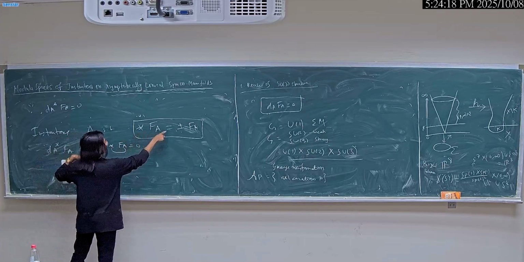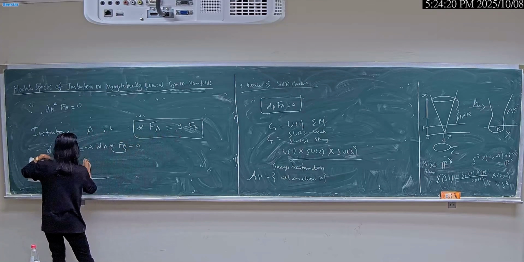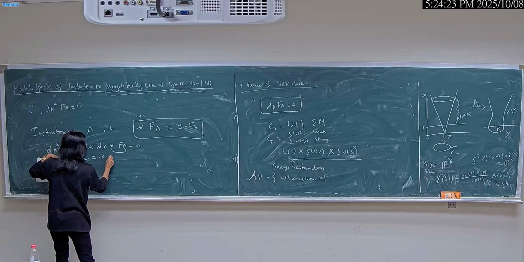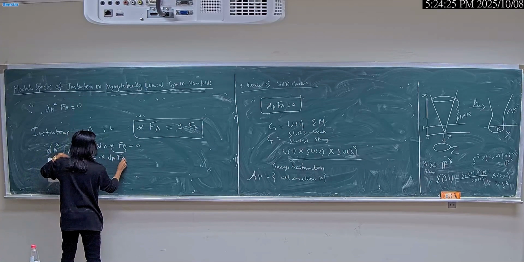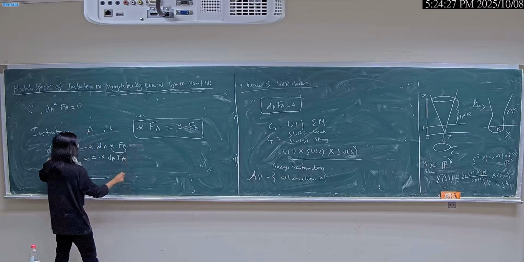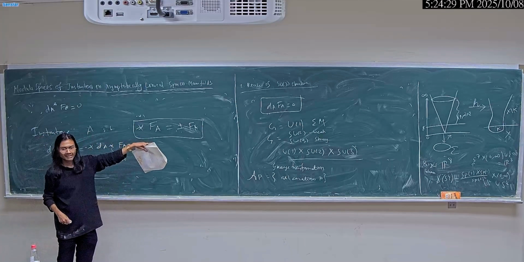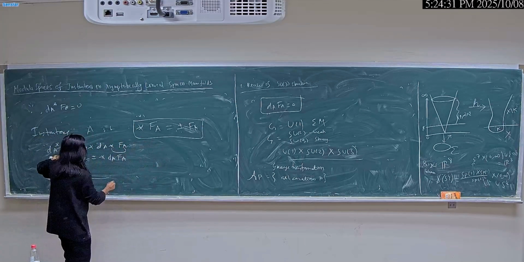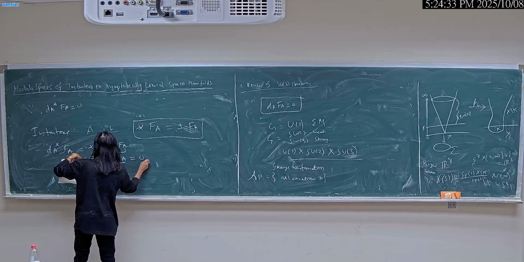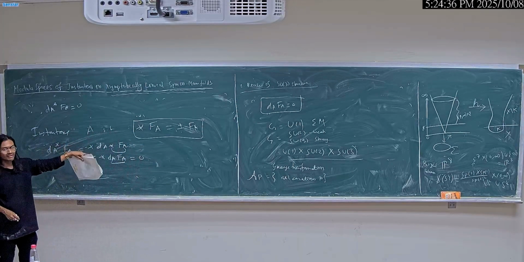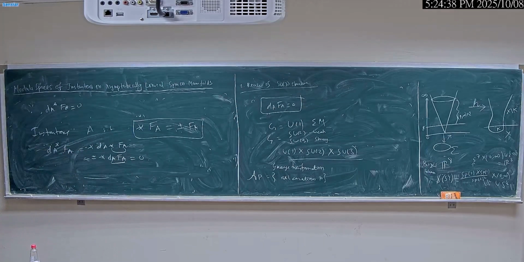But star F_A is plus or minus F_A. So this is nothing but plus or minus star d_A F_A. But the Bianchi identity already tells you that d_A F_A equals 0. You can clearly see the instanton equation will imply the Yang-Mills equation.